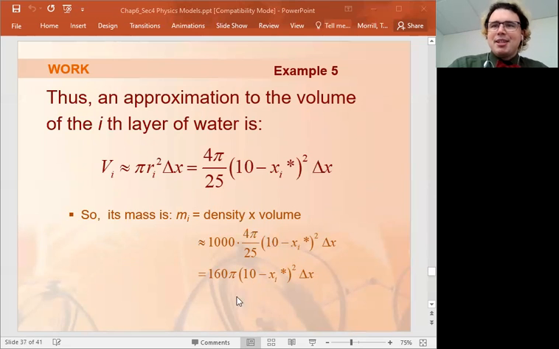Altogether, we have this amount of mass, which will be 160 times pi times quantity 10 minus x squared, depending on what x coordinate we pick. And again, here our delta x is dependent on the width, the thickness that we chose.